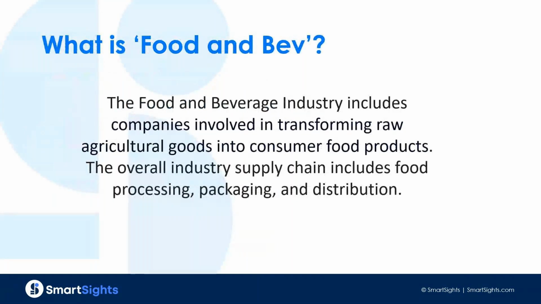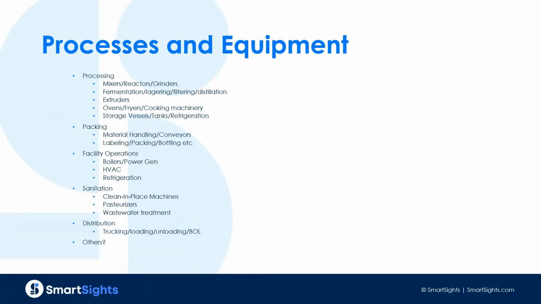So when we say food and beverage, I think obviously if people are attending this workshop, we probably know what that is. We're just talking about the industries involved in transforming raw agricultural goods into the consumer food products that we buy in stores. And the processes and equipment that we're talking about in terms of automation systems can be things like mixers, reactors, fermentation, extruders, ovens, all the different equipment that's used in industrial food and beverage processing.